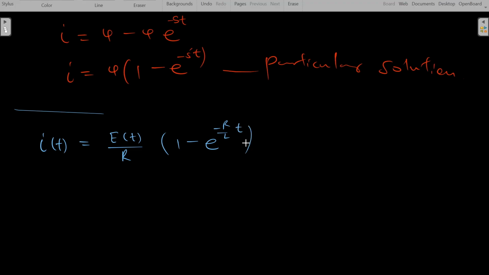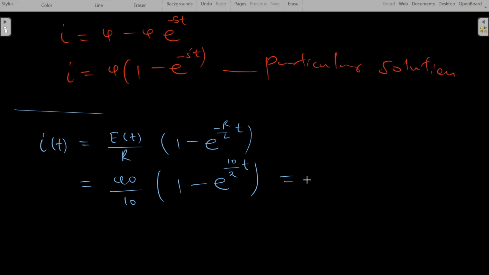So if you are late with time, you can just simply get your answer as E, which is 40, divided by my R, which was 10, into 1 minus e raised to R over L, which is 10 upon 2, times t.